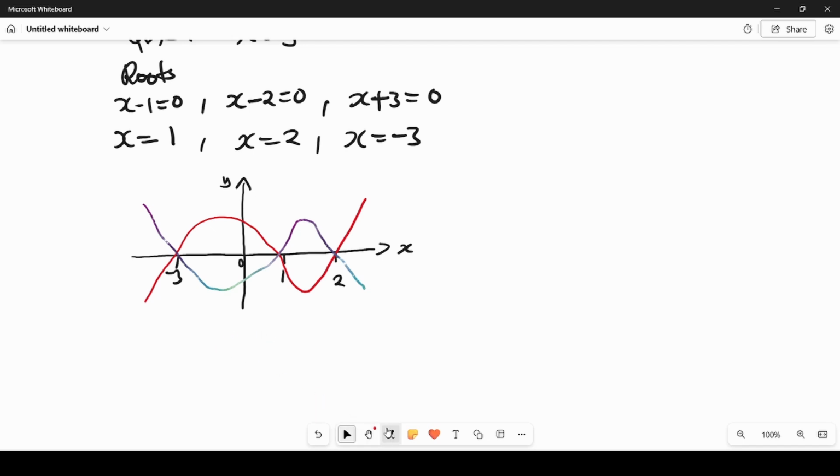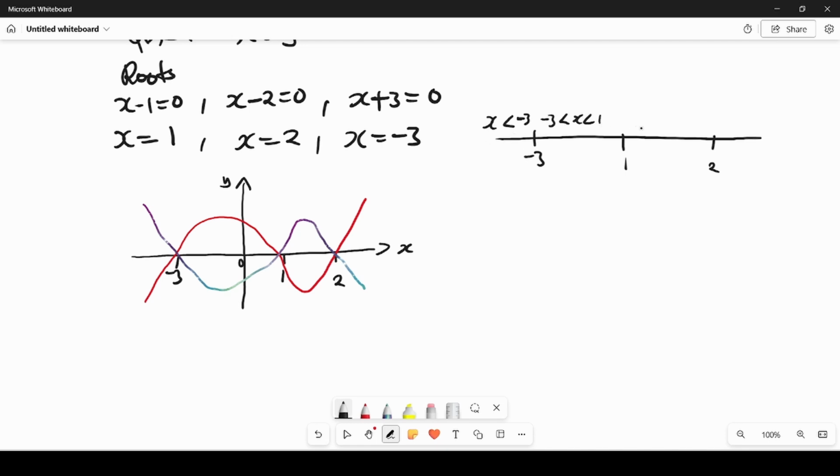You're going to test the position of this graph using a table. The table should look like this. We put the roots, minus 3, 1 and 2. So we're going to get the values of x that are less than minus 3, those between minus 3 and 1, those between 1 and 2, and those more than 2.